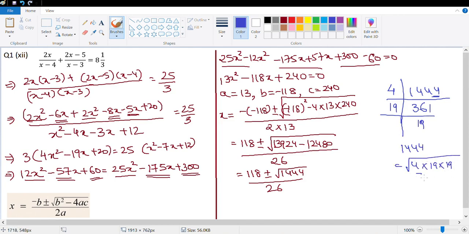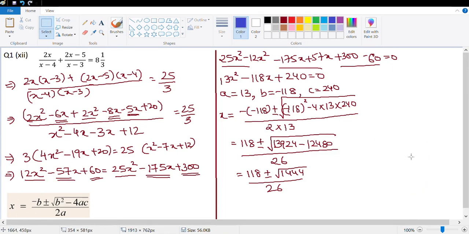The square root of this will be, out of 4 comes out 2, out of 19 square comes out 19, which means 1444 square root is 38. 2 into 19, that's 38. So the answer is 118 plus minus 38 upon 26.